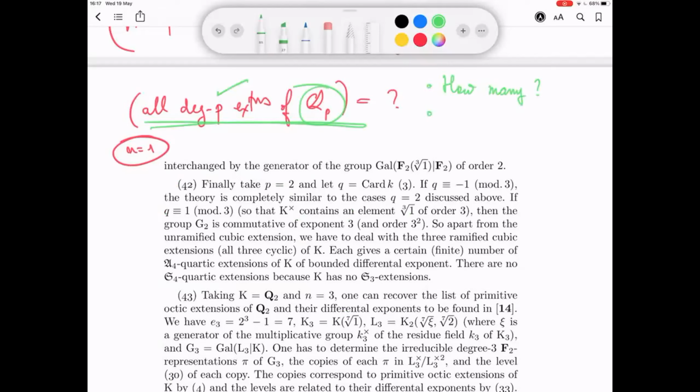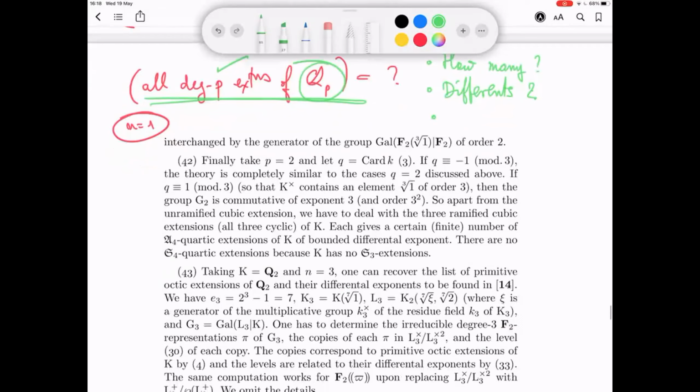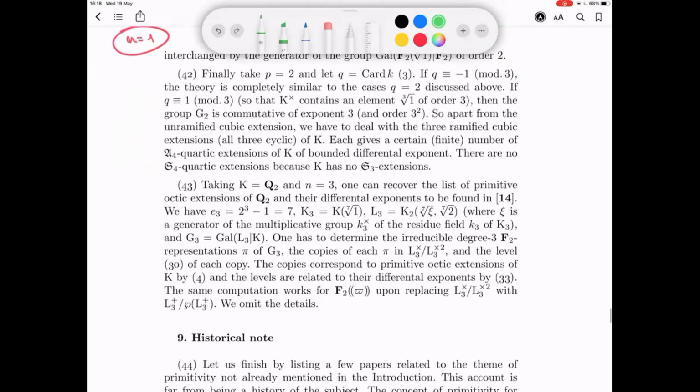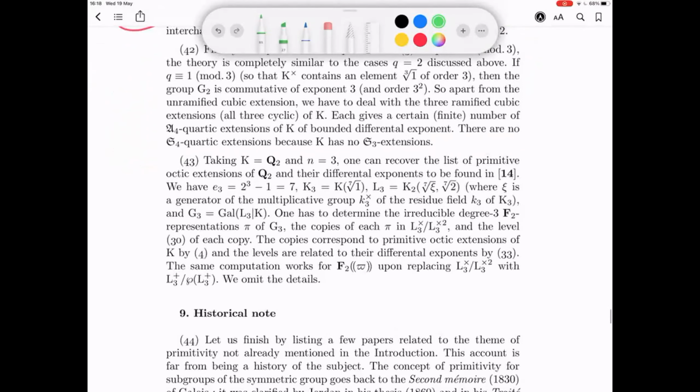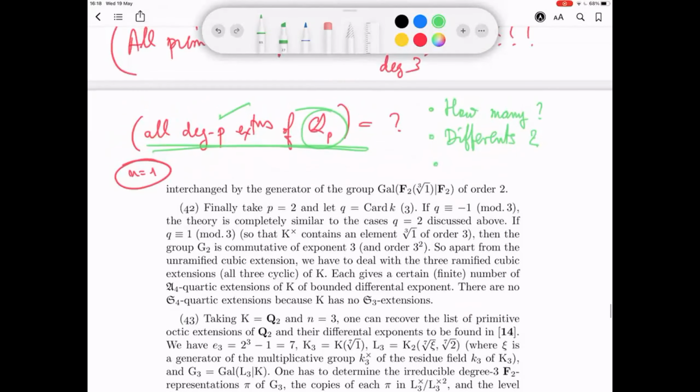In particular, how many there are? And you could ask what their differences are. What are the differences of these extensions? You can ask not only the different, but also, for example, which ones are cyclic?